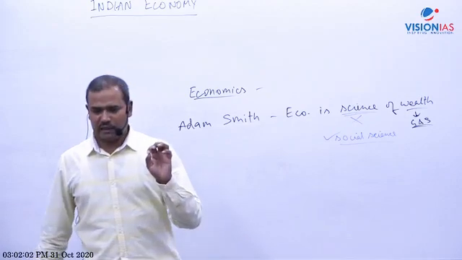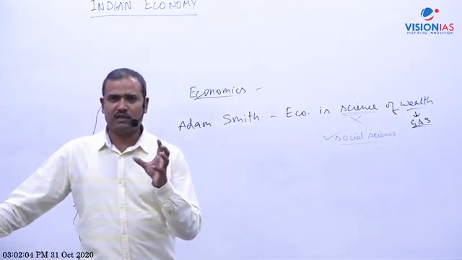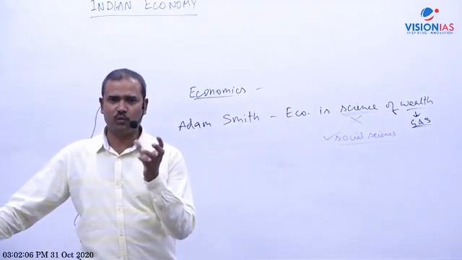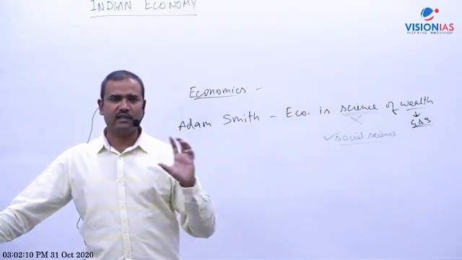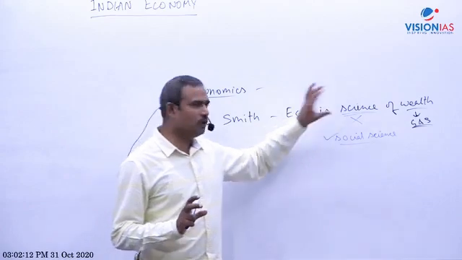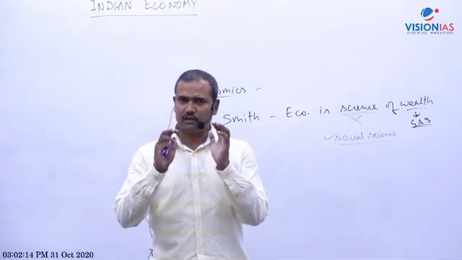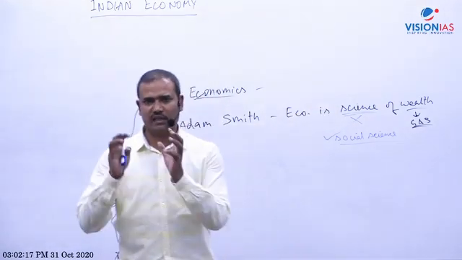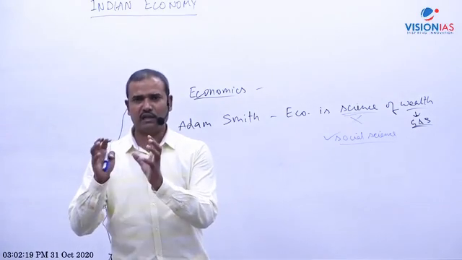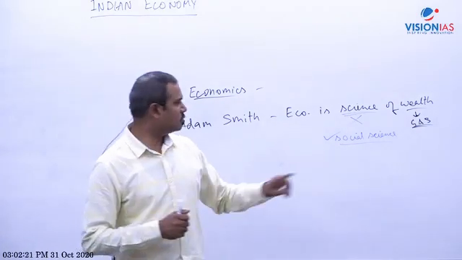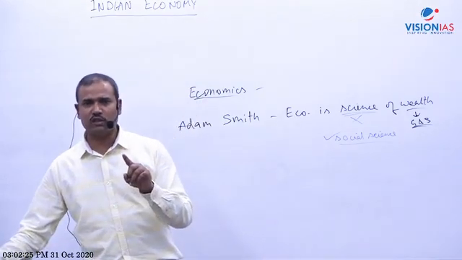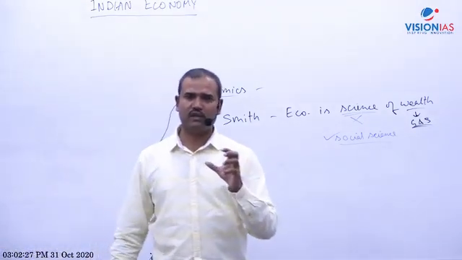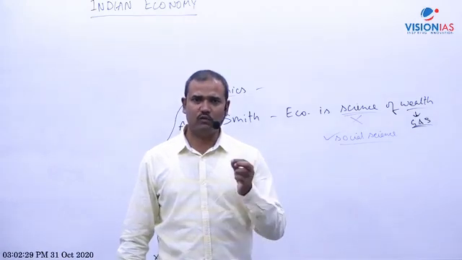Okay, and since it is a social science, should definitions in social sciences be very rigid or flexible? This will make it clear. In science, are definitions flexible or rigid? In science, things are defined with exact precision. They are very clear cut and rigid. But in social sciences, things are somewhat flexible. So economics being a social science, definitions of economics are very flexible. I'll give you one idea.